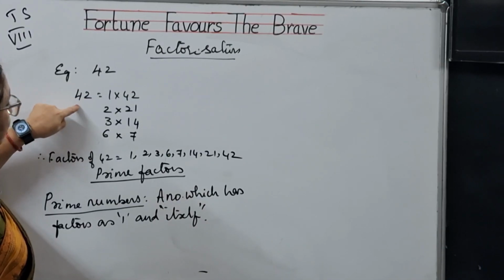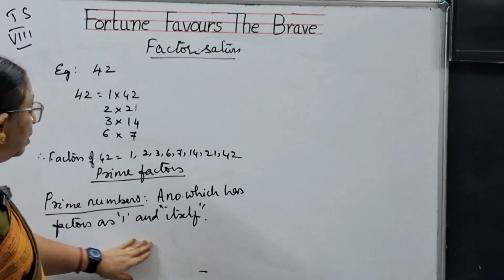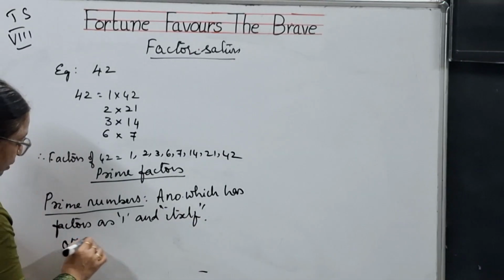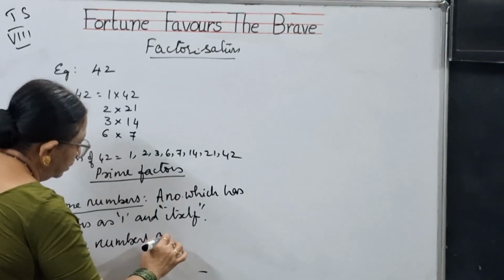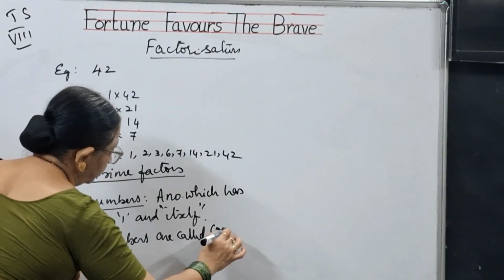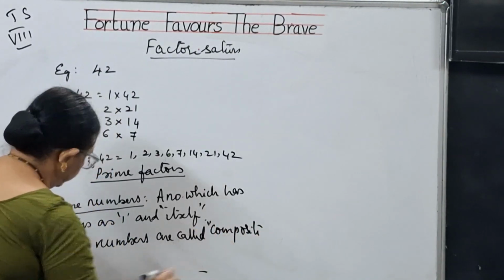So you cannot consider it a prime number. So what is this number called if it is not a prime number? Other numbers are called, they have a specific name, children, composite numbers.